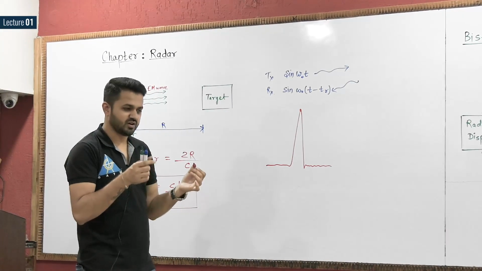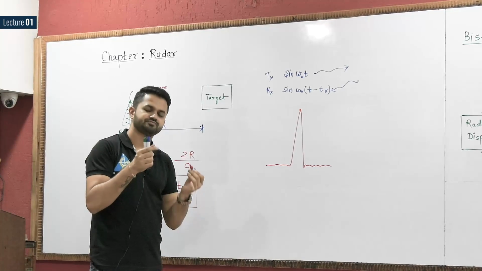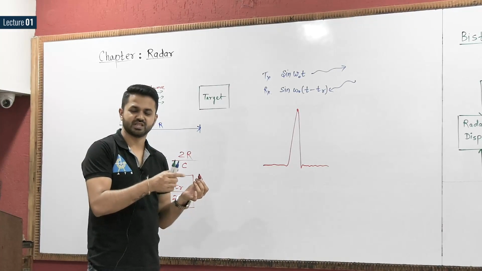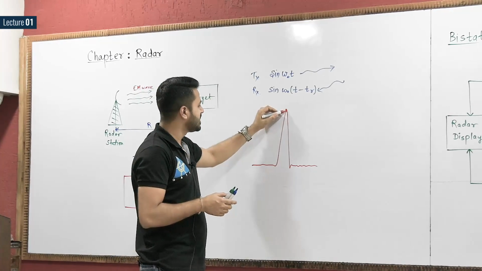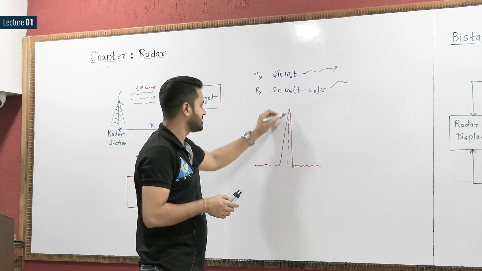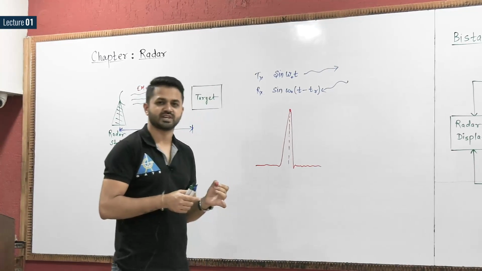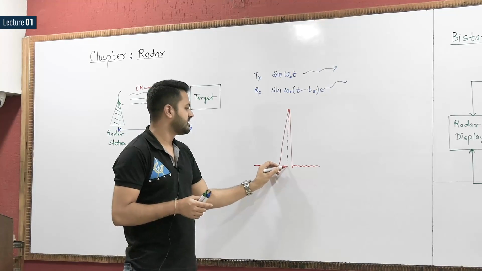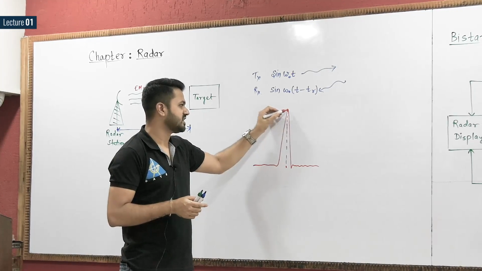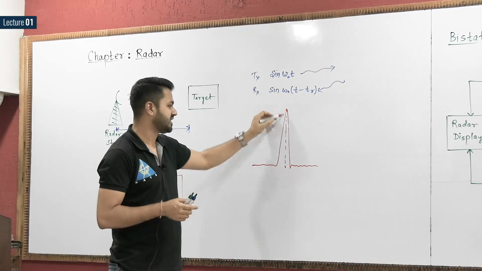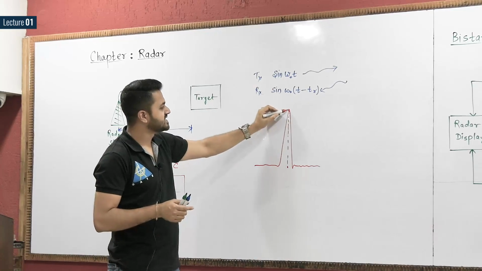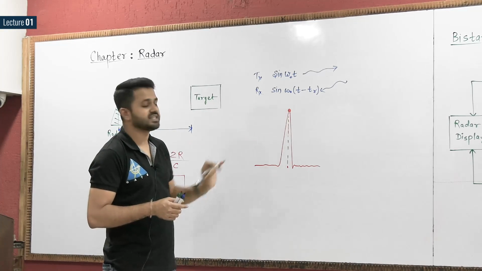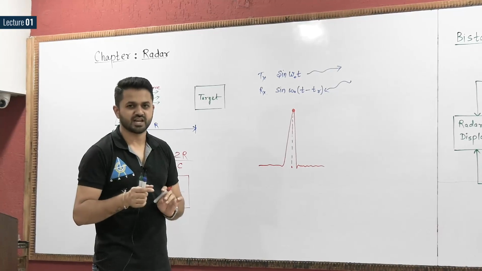On the radar display or in the MATLAB graph, you will see it like this. This particular instant gives you the location of the target, where the correlation is very high. From the top, if you see the dot here, that dot gives the location of the target.